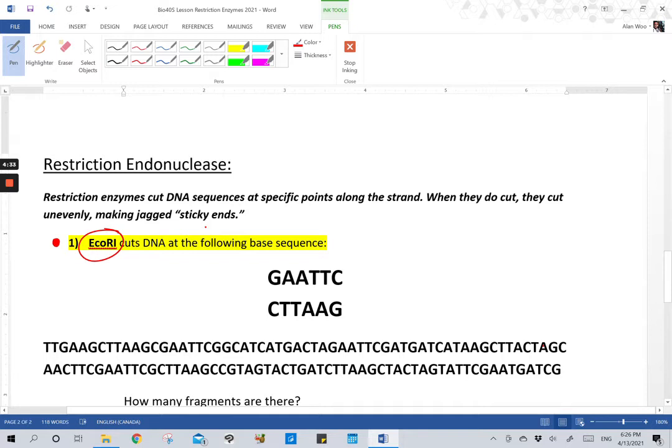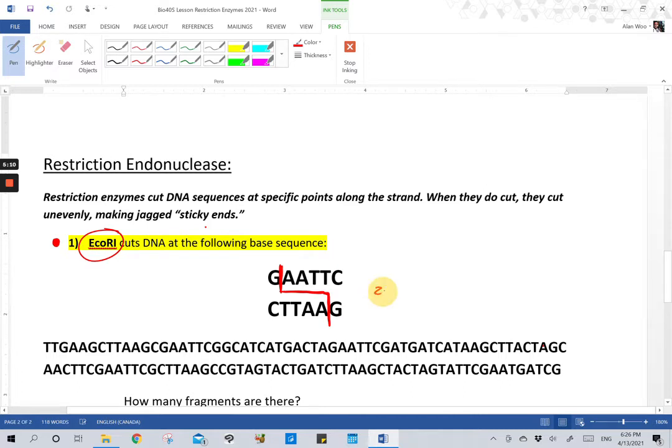So when I find a sequence like this, GAATTC, in a long series of DNA, the cut is first made between the G and the A. The bonds here are cut by the restriction enzyme, and then it goes and cuts all the other hydrogen bonds that exist between A and T, T and A, T and A, and then finally it ends up cutting the bonds between this adenine and guanine on the second strand.